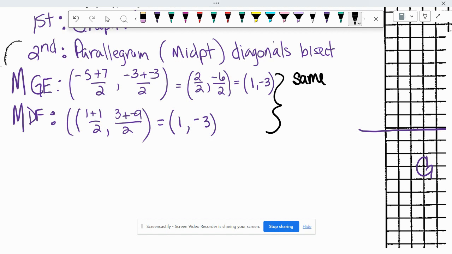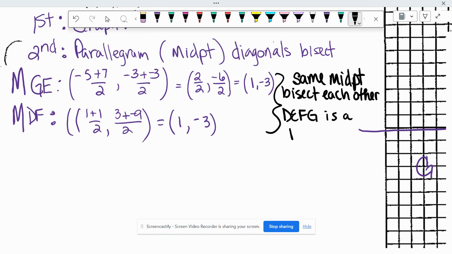They have the same midpoint, which means they bisect each other, which means that DEFG is a parallelogram. Okay, DEFG is a parallelogram. So that's step number 2. So now we have a parallelogram. What are we going to do next?